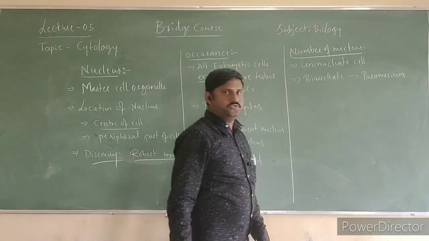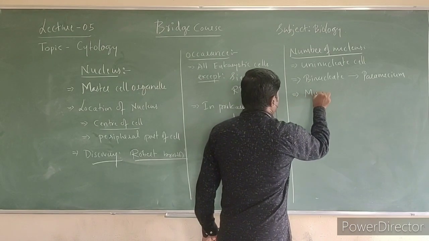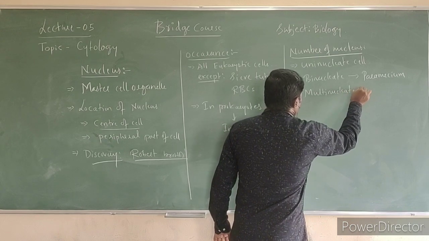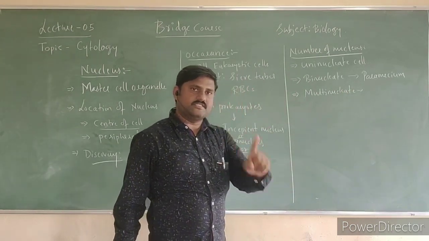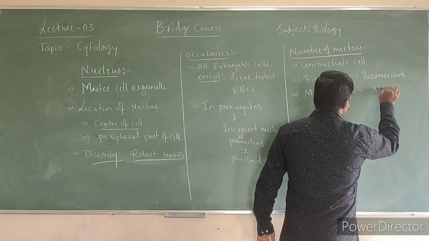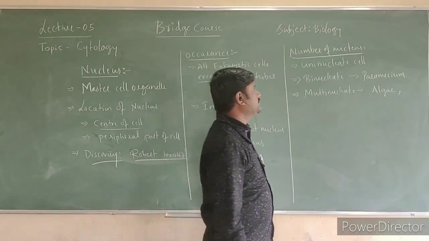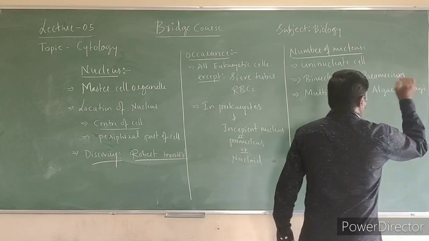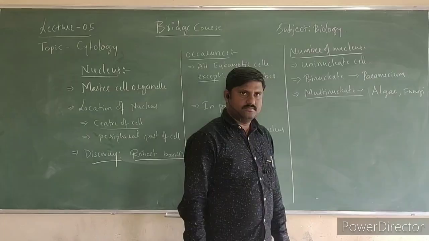It has two nuclei. And the third one is multinucleate. Multinucleate means many nuclei are present in a single cell, right? The best example is some of the algae, and even in fungi, many nuclei are usually present, right?